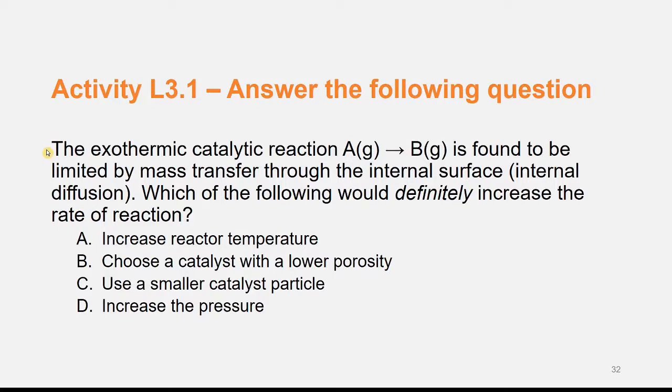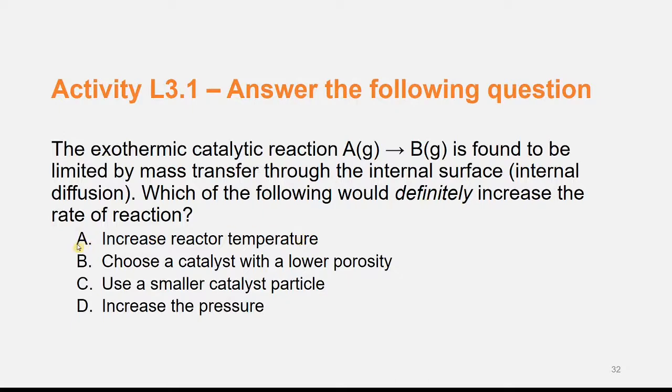So now, using what we have covered so far, try to answer the following question. If we have an exothermic catalytic reaction, A goes to B, that is internal mass transfer limited, which of the following options would definitely increase the rate of reaction?